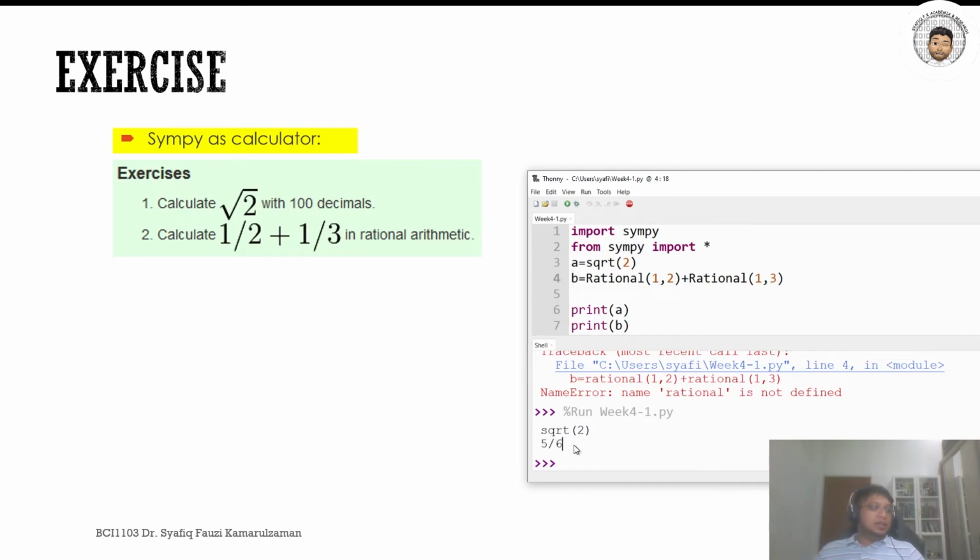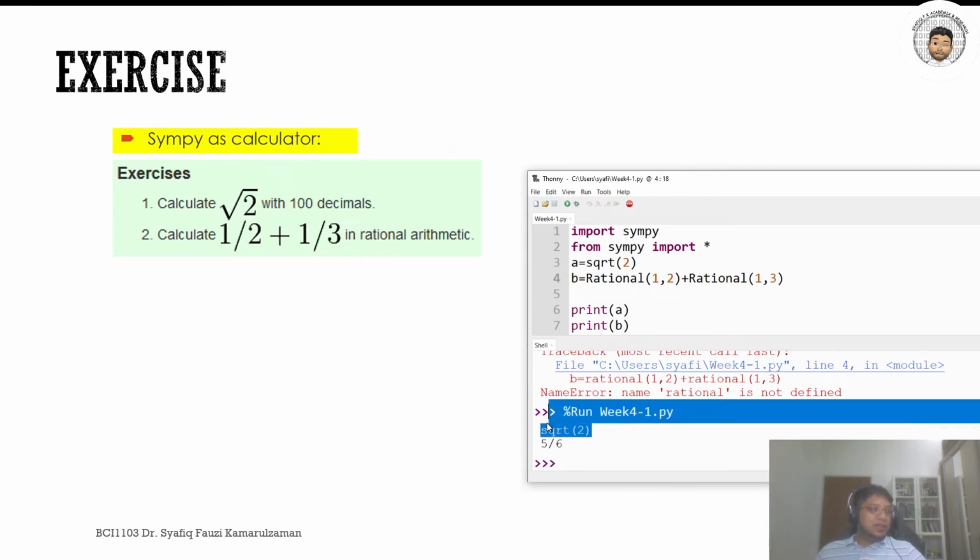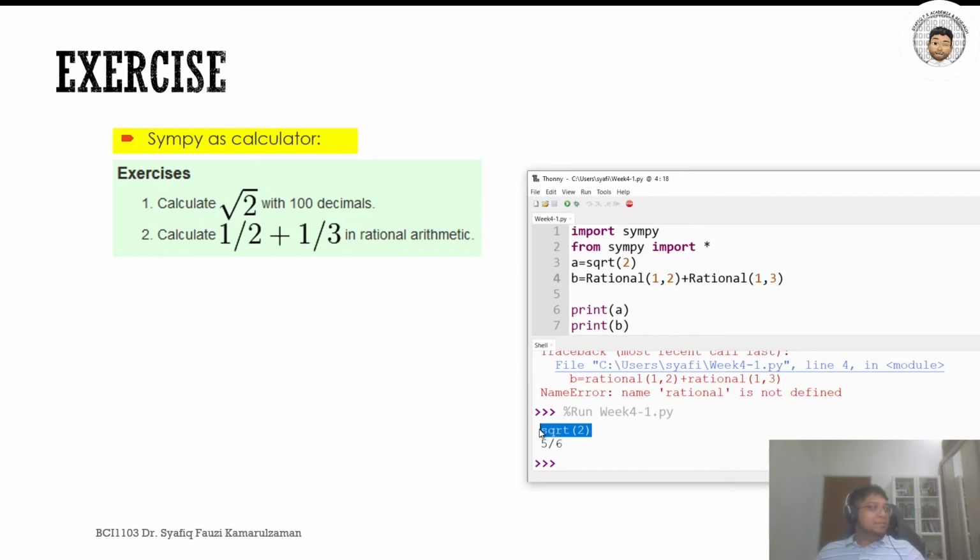You want the answer in fraction form as well. So here you have 5 over 6. For square root 2, here you got the answer is square root 2. Okay, if you want to calculate it even further with 100 decimals, in this case I think you can use float.